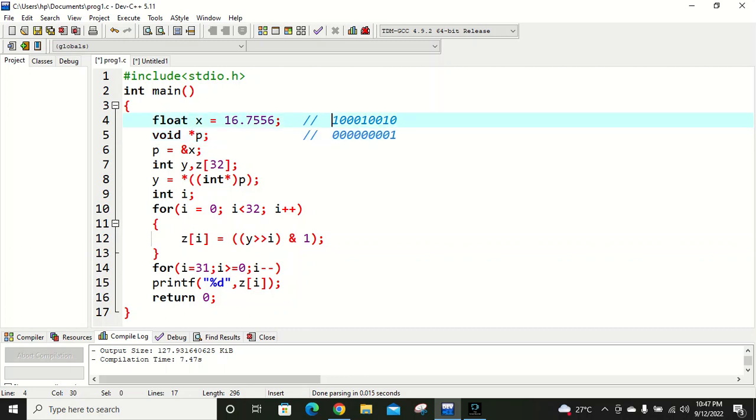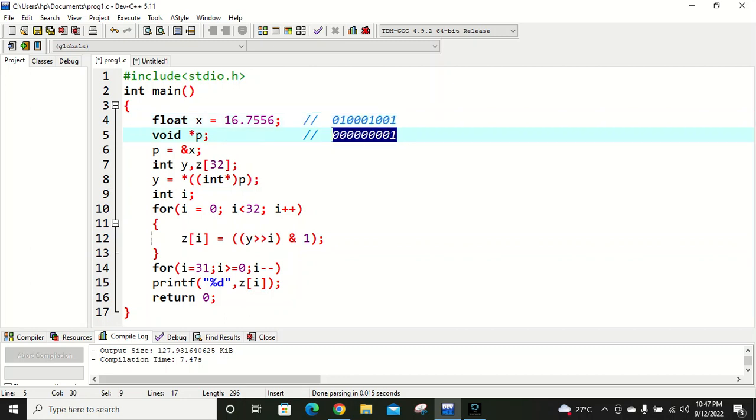After that we shift this number in the right direction. Because of this operator, the value is changing. First it is shifted by 0, then by 1, then 2, 3, 4, 5. When it shifts by 0, this bit is removed and a 0 is added. So now the next digit comes here. The next digit also takes the AND operation with this.